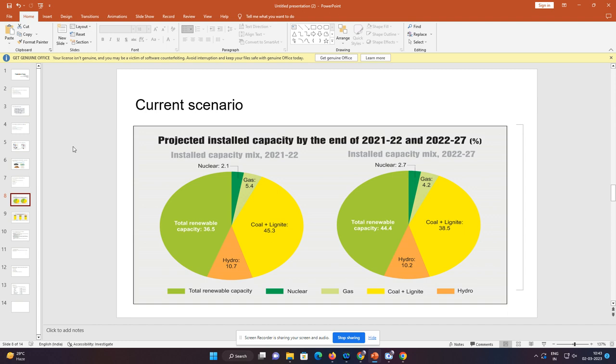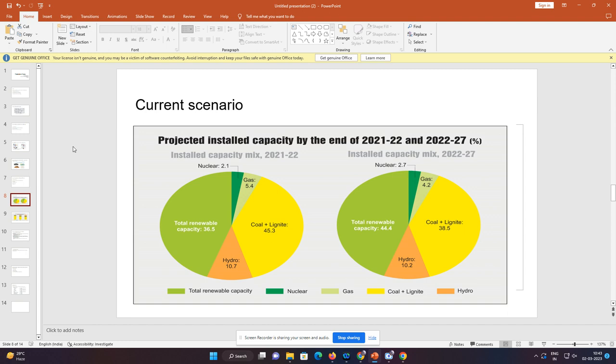The study estimates that the peak power demand would be about 225.8 gigawatts in 2021-22, for which 1,566 billion units of electricity could be required.